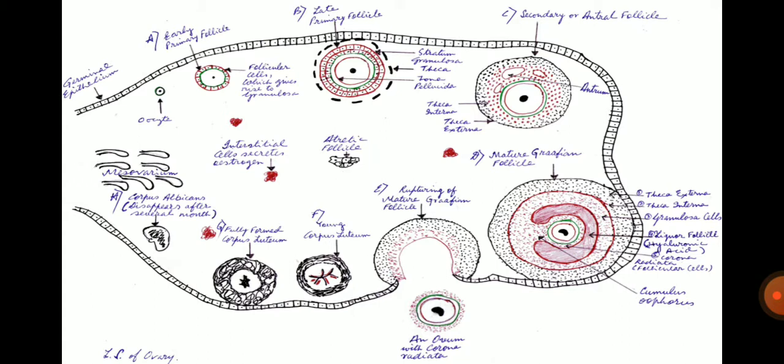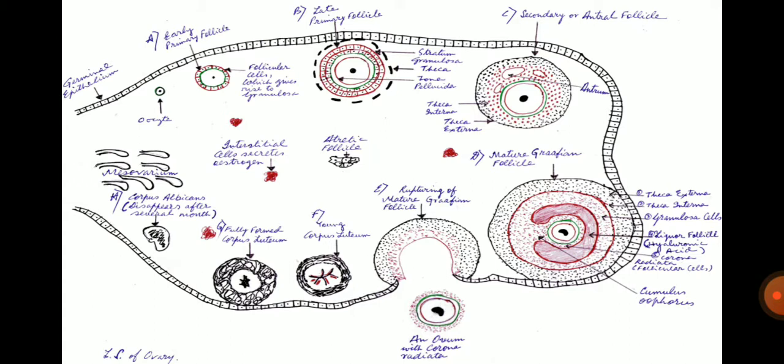So this slide will give you yet another diagrammatic representation of the histological details of the ovary. You can see the cuboidal germinal epithelial cells almost covering the ovary. Then the division of the ovary into the outer cortex and the inner medulla is clearly seen.